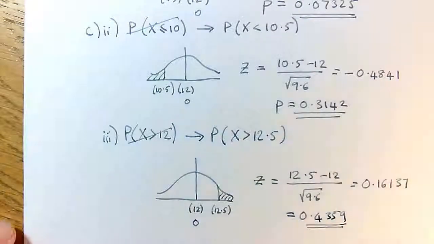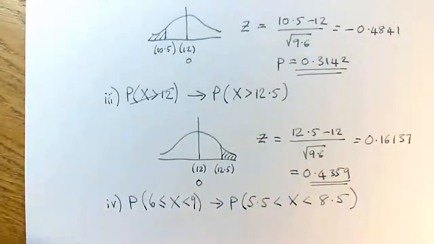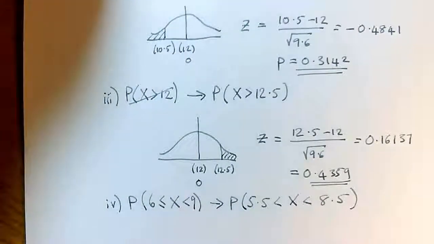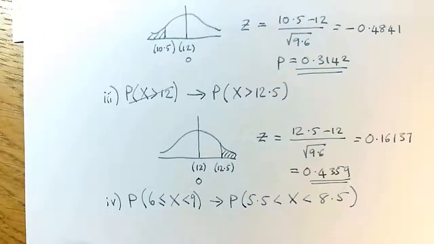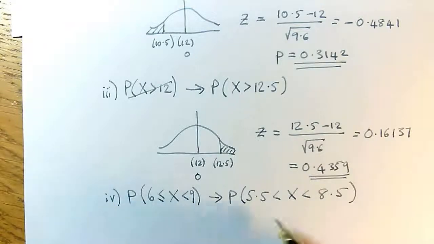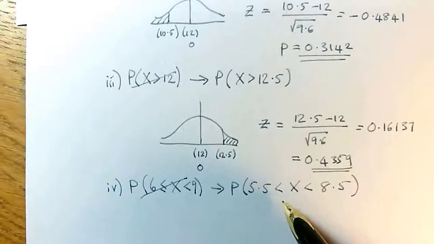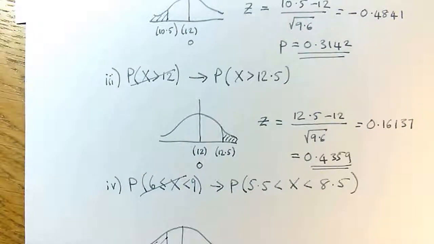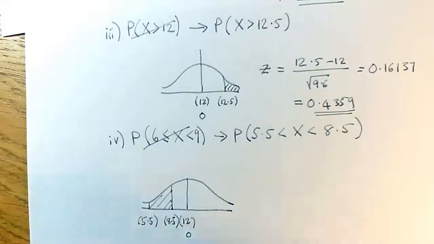One more to do, see part 4. Okay, the question asks for the probability of being greater than or equal to 6 up to but not including 9, but I've already done the continuity correction, so I forget all about this. I use my normal distribution for this, and I do the diagram. So my diagram looks like this. 5.5 and 8.5 are both less than the mean of 12.